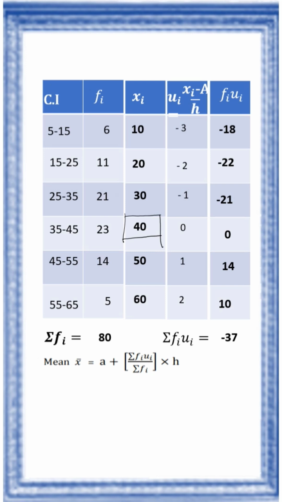40 minus 40 is 0. 50 minus 40, 10. 10 by 10 is 1. 60 minus 40 is 20. 20 by 10 is 2.